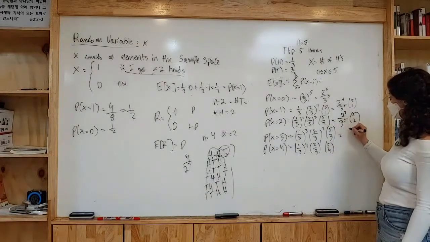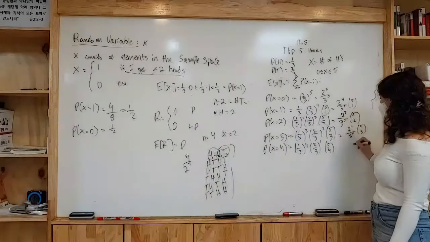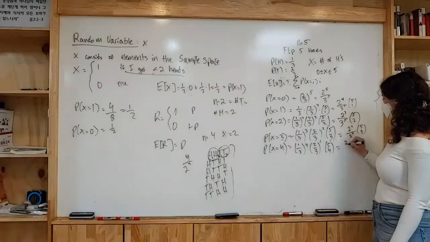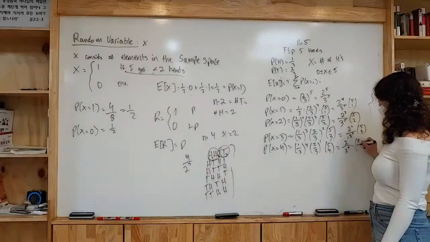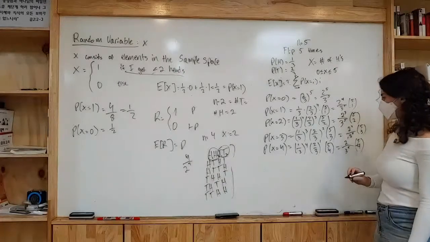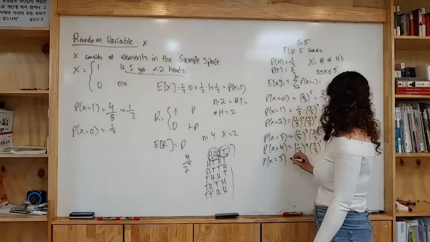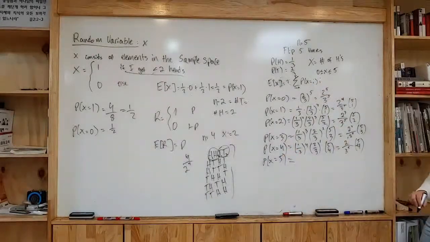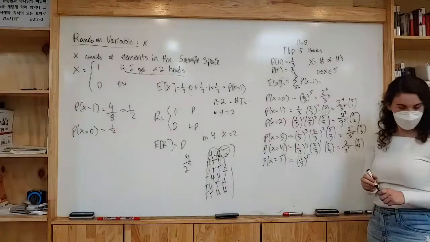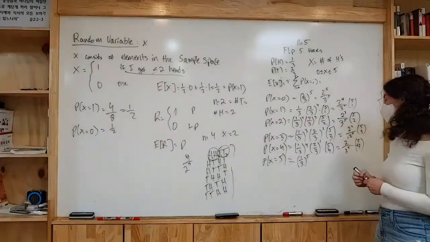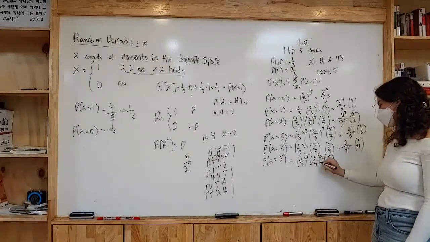And what is this equal to? This is 2 over 3 to the 5th times 5 choose 4. And the last option is P of x equals 5, which is just 1/3 to the 5th, which is actually the same as 2/3 to the 0 times 5 choose 5, because both of these are 1.